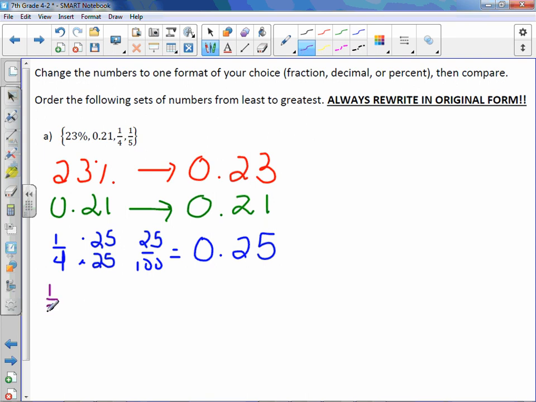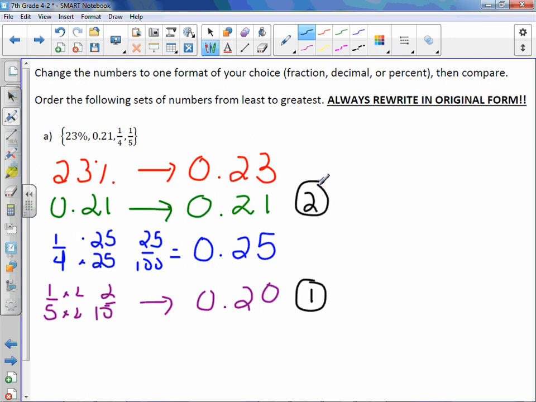And 1/5, I can make a power of 10 by multiplying by 2 to get 2/10, which is 0.2. To make sure I'm all lined up, I'm going to add a 0 in here. Now I want to order from least to greatest. The smallest number is this last one, then 21, 23, and 25.